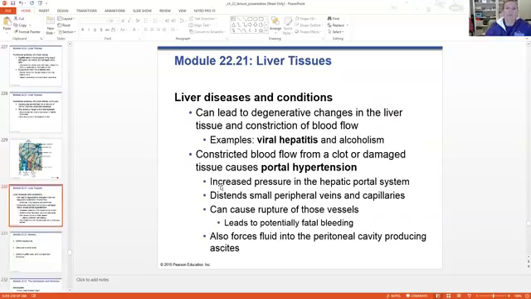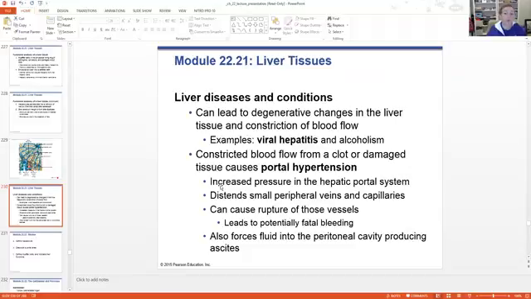So damaging our liver can lead to other effects. It can lead to degenerative changes, constriction of blood flow, viral hepatitis, alcoholism examples. Constricted blood flow from a clot or damaged tissue can cause portal hypertension, which is basically an increase in pressure in the hepatic portal system, descending the peripheral veins, capillaries, could lead to a rupture of those vessels, could be potentially fatal.